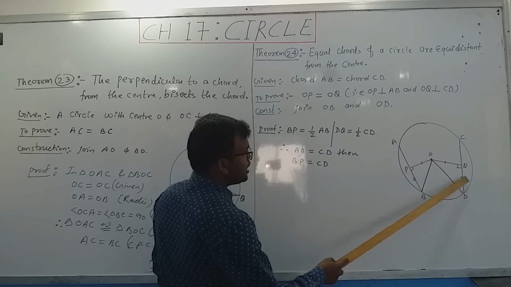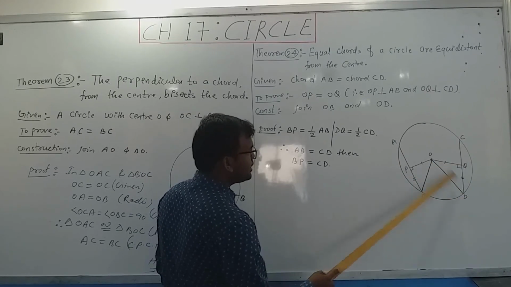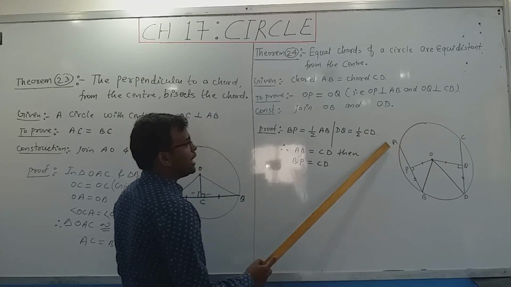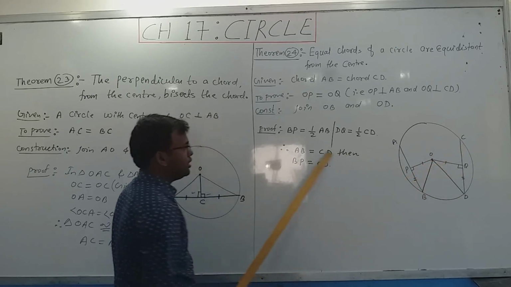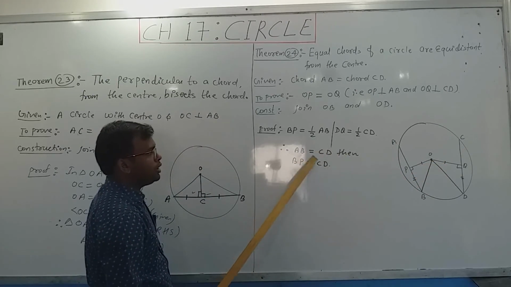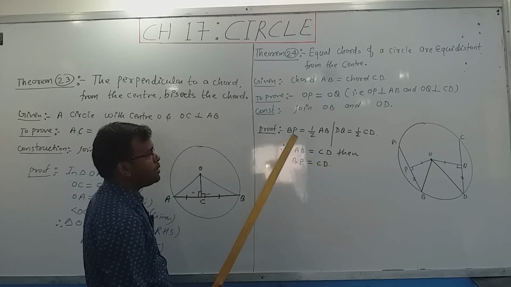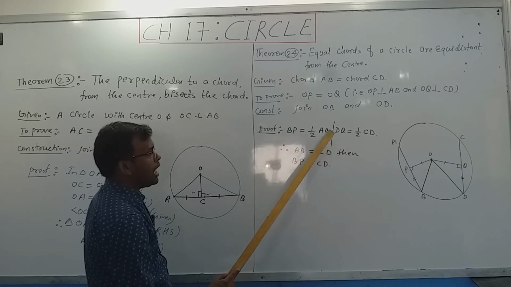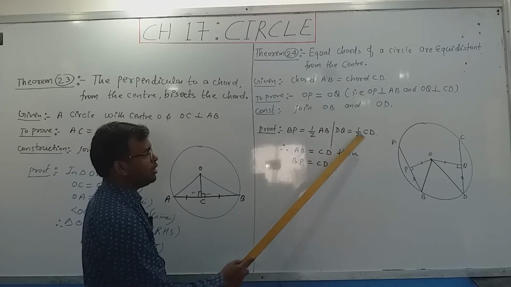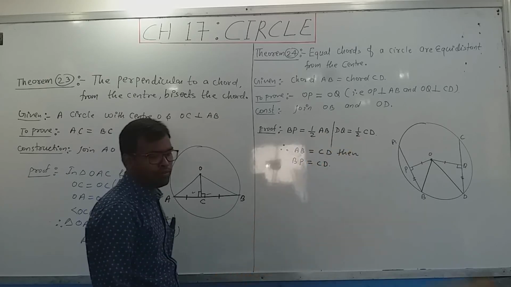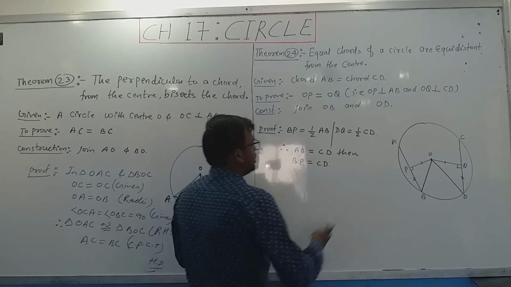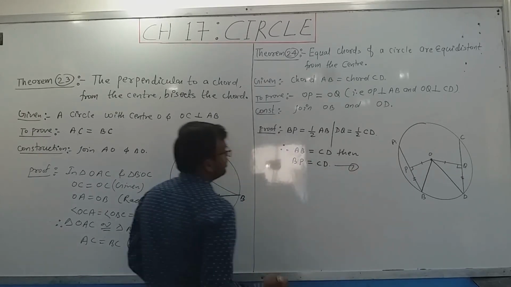Similarly, DQ is half of CD. And since we know that AB is equal to CD, it is given, then easily we can say that BP is equal to DQ. Either replace AB by CD or CD by AB. Okay. Make this equation number 1.